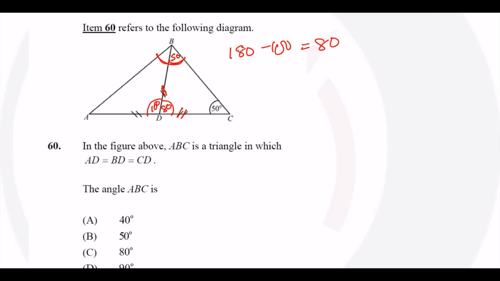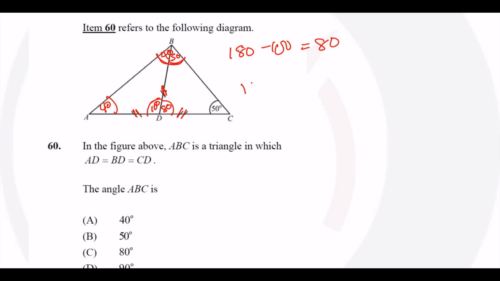Now if this angle here is 100 and this side is equal to this side, then we can say 180 minus 100 is 80, and divide it by 2 because it's also another isosceles triangle. So then we have 40 and 40. Therefore the angle ABC is going to be 40 plus 50, and that gives us 90.